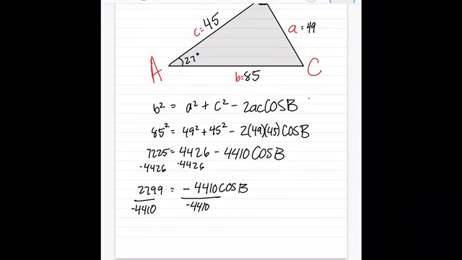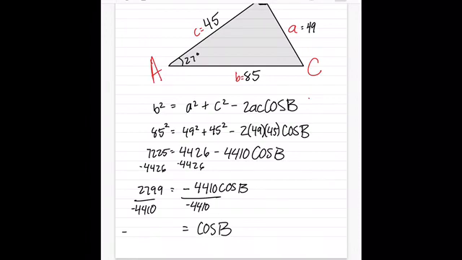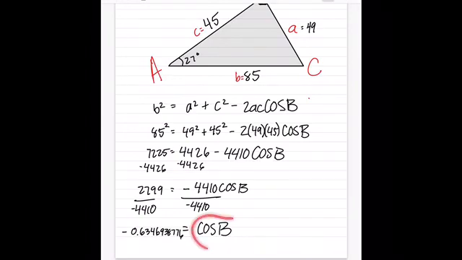I'm doing this on my other calculator so I can have this next to me so I can write it down. So cosine B is equal to negative 0.6346938776.